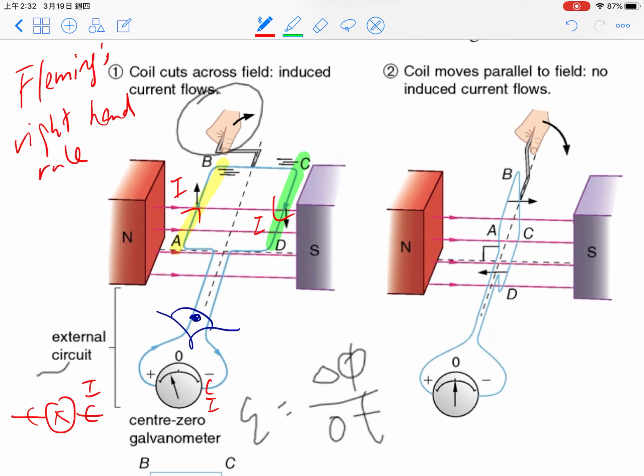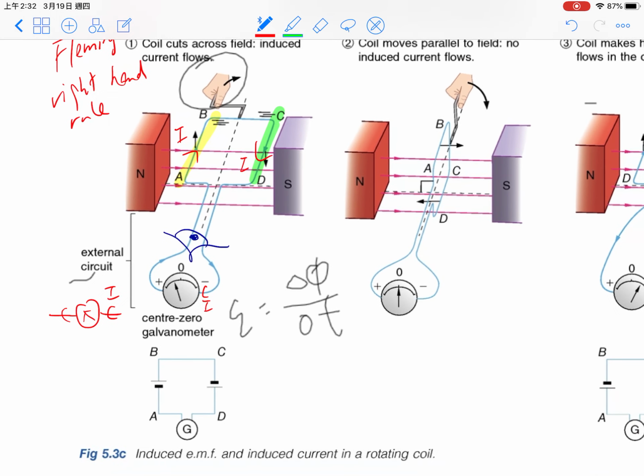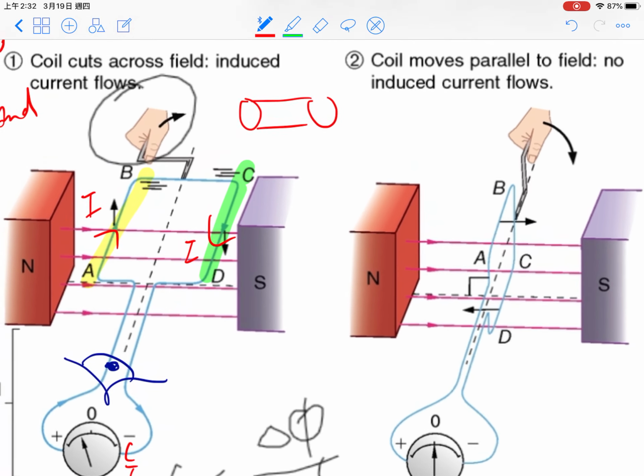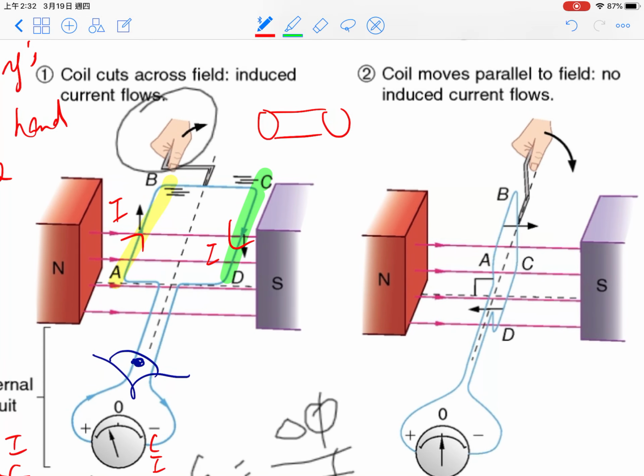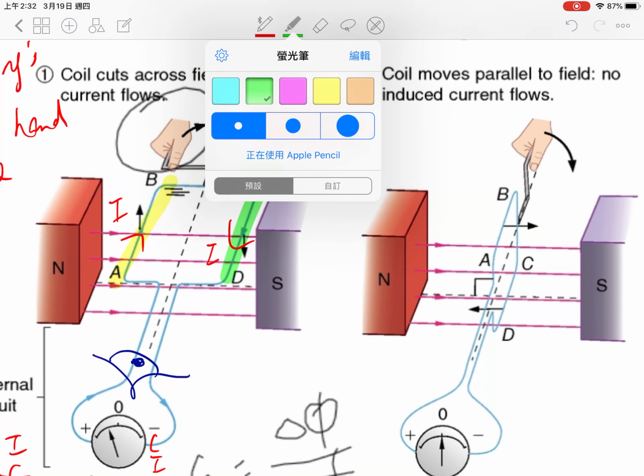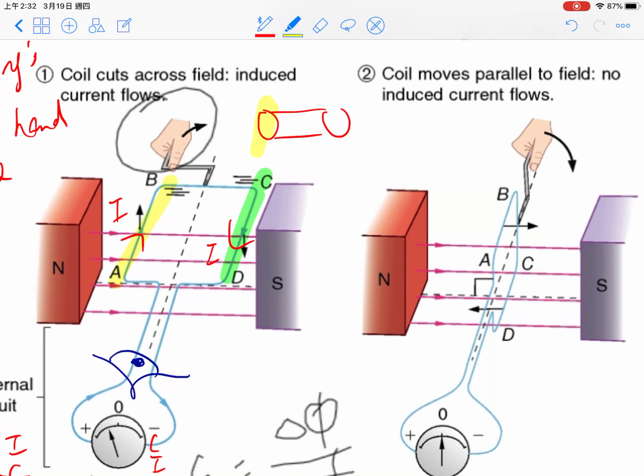For drawing the coil, we would like to draw like this. AB here to represent this wire, and also CD here to represent wire CD.